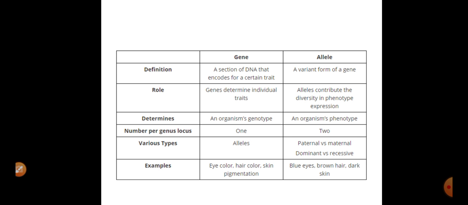And allele again is with various types like paternal as well as maternal, or it may be dominant or recessive. Already we have gone through examples like eye color, hair color, and skin pigmentation. When we are considering eye color as a gene, then allele will be blue eyes or brown eyes. When we are considering hair color, it may be brown hair or black hair. And if we consider skin pigmentation, dark skin color is there, then fair skin color is there.